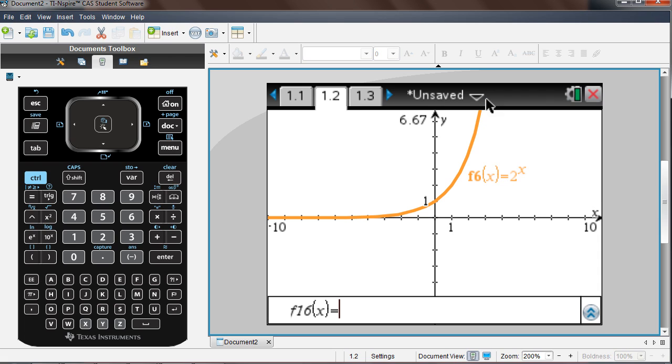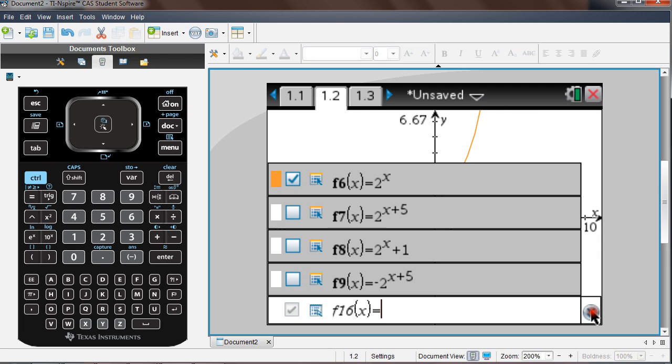Again, we're not worried about why any particular graph is any particular shape, just how to move it. So, the next one of these exponentials I have a plus 5 in the exponent with x. It's with x, so that means it's going to move the graph left or right.